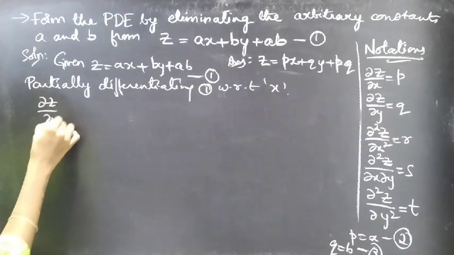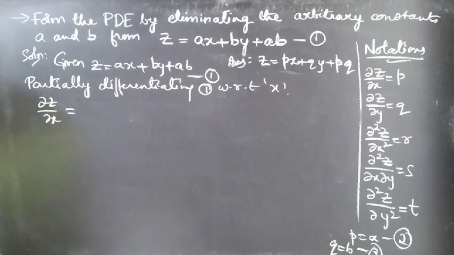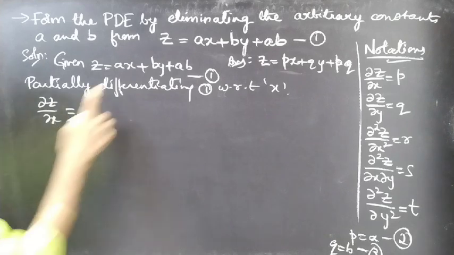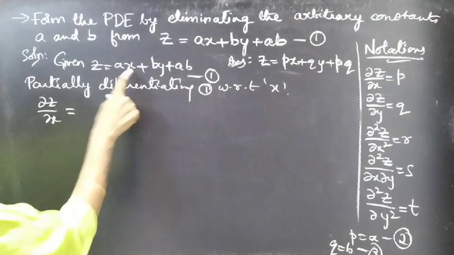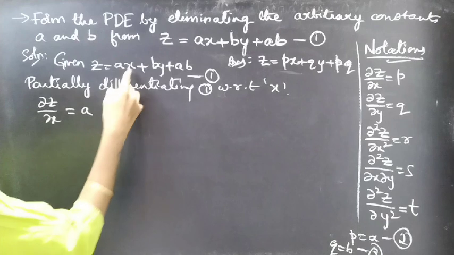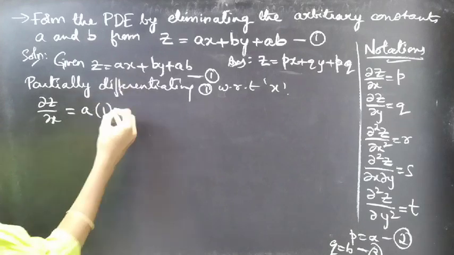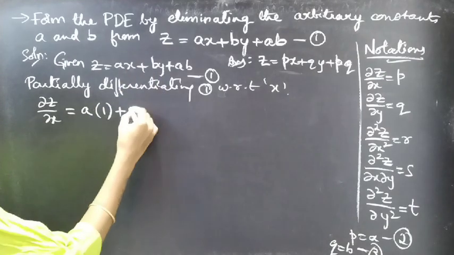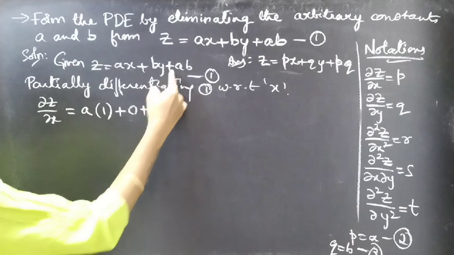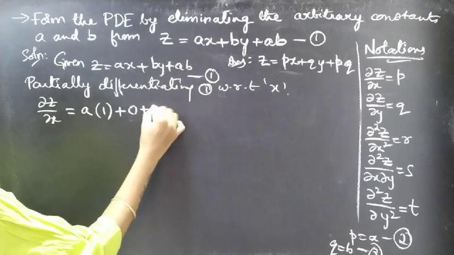Dou z by dou x equal to, we are partially differentiating 1 with respect to x, so y will be treated as constant, right? So here you are having x, so you'll get a into partial derivative of x with respect to x is 1, plus partial derivative of constant with respect to x is 0, plus partial derivative of constant with respect to x is 0.